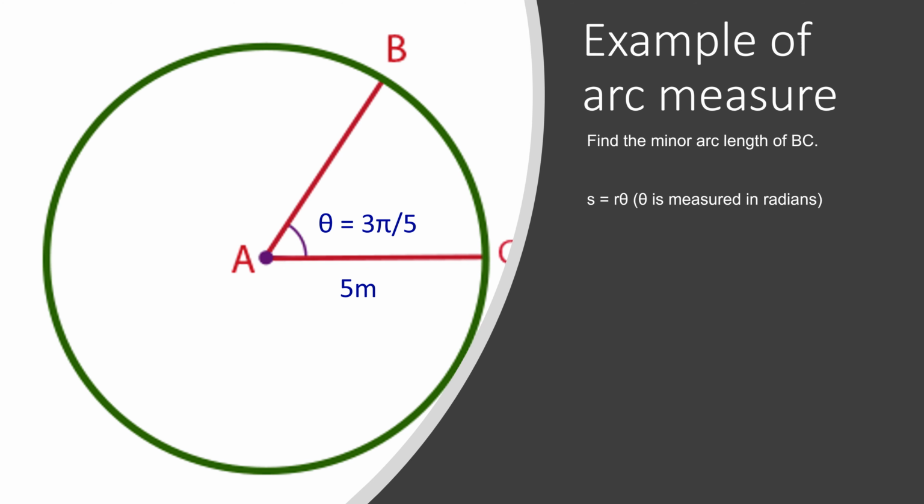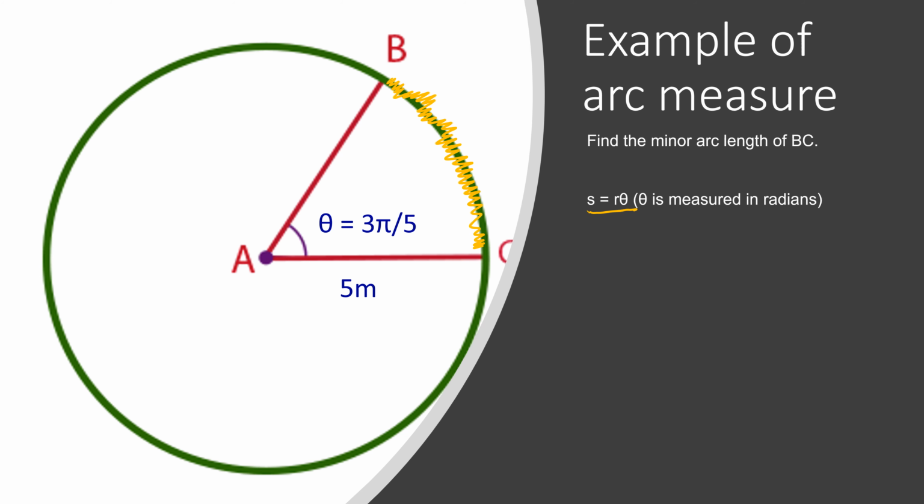I want to find the minor arc length of BC. From B to C, I want to find that minor arc length. Let's say I'm given the angle measure in radians, 3 pi over 5, and I just want to find the actual physical measurement of this minor arc right here. All I have to do is plug into this formula.